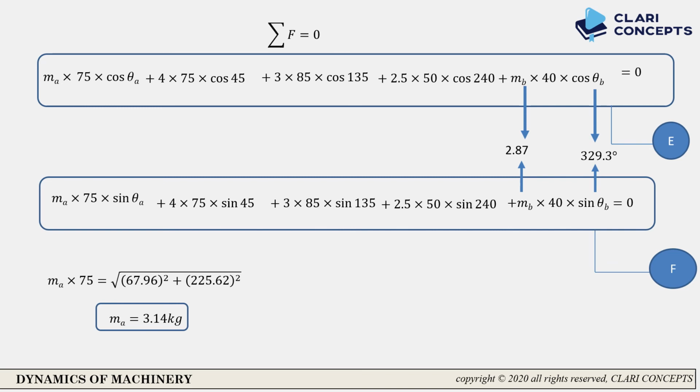Now to find the angle, take the ratio of that. Here the known values are equal to tan theta a, and by taking the inverse you will find 253.2 degrees, which is the angle of theta a.